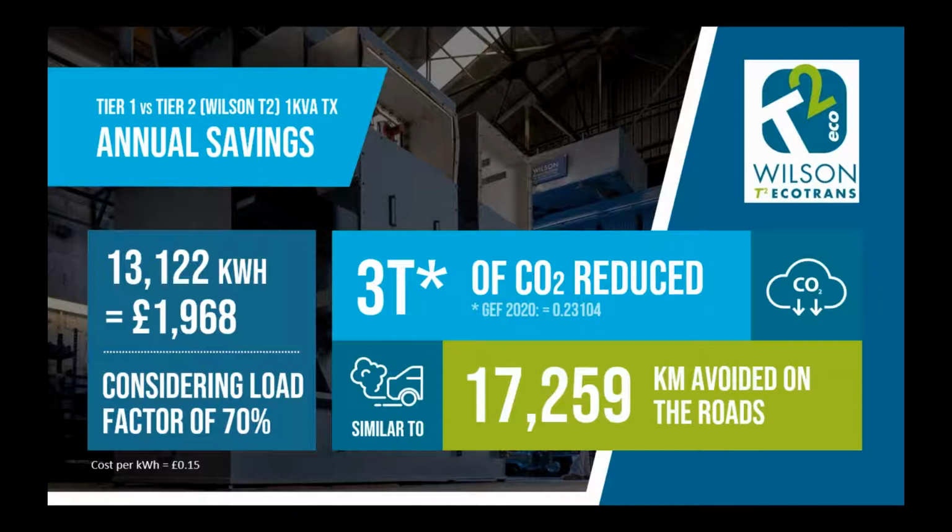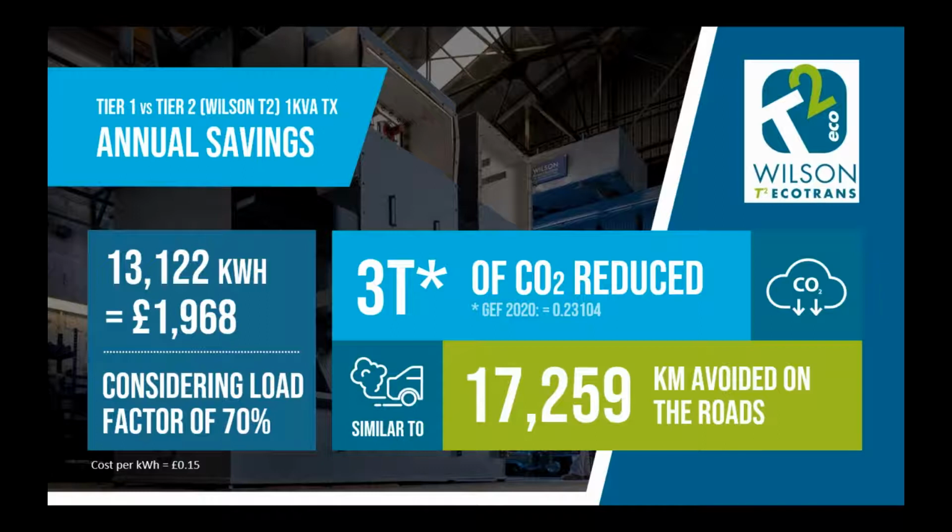This equates to nearly £2,000 savings on your electricity bill. In addition to that, you would have reduced the associated CO2 emissions by almost 3 tons every year. That's equivalent to avoiding nearly 17,260 kilometers on the roads. So a lot of savings just by opting for Tier 2.